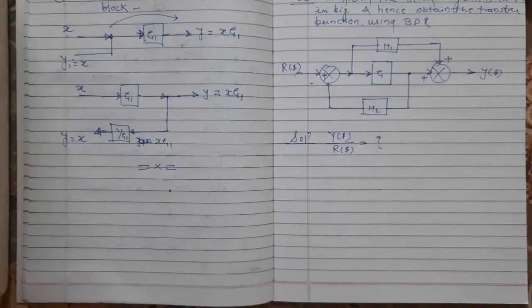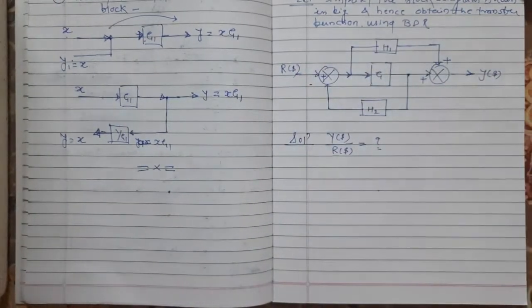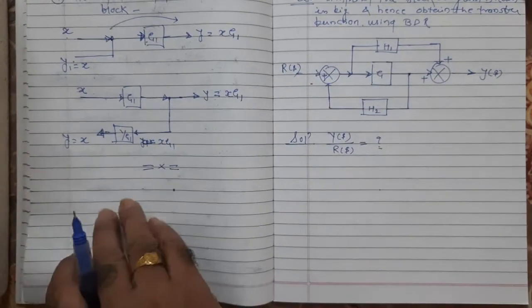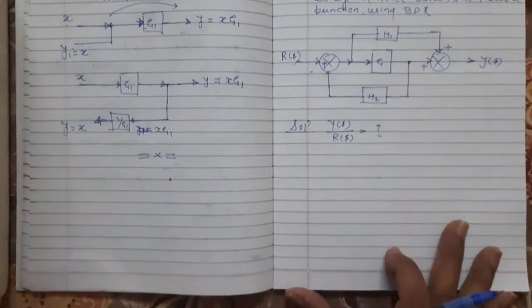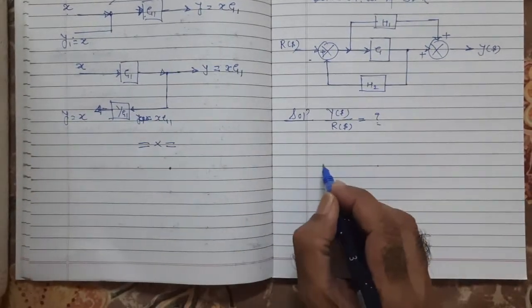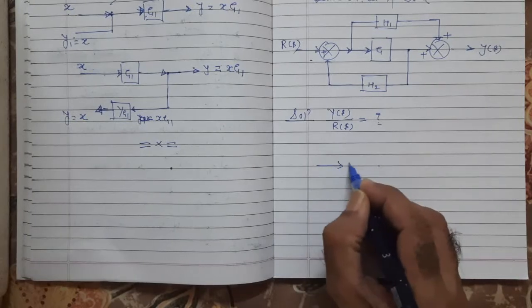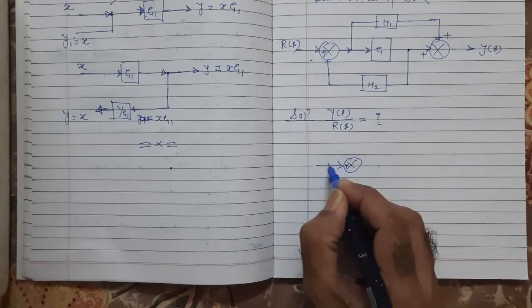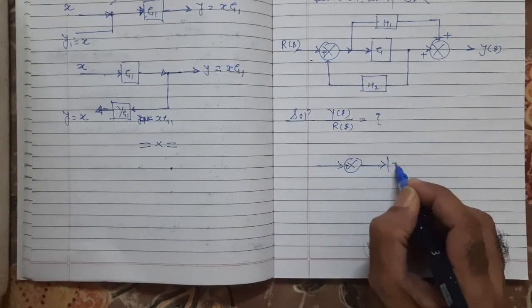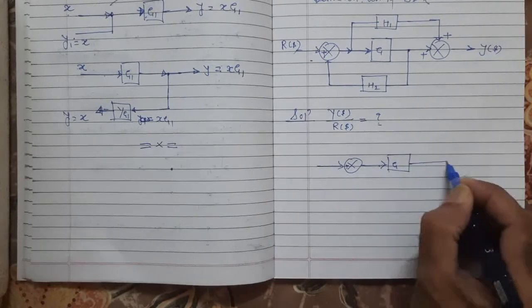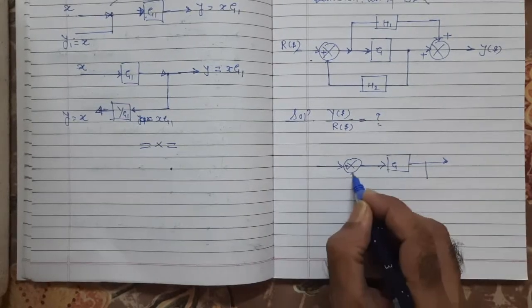Now when we look at the system, our simple closed loop system consists of one summing point, one gain, one takeoff point, and one feedback.